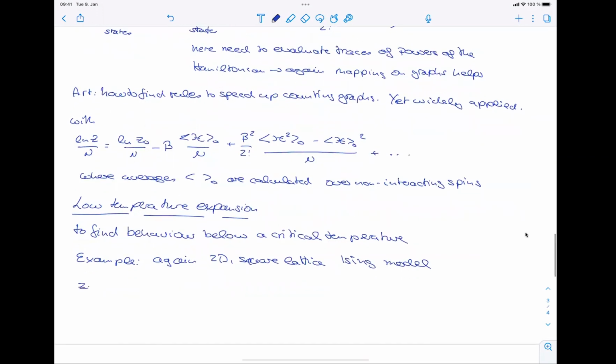And we know the ground state at zero temperature, namely all s_i are +1 as for a ferromagnet, or equally -1.